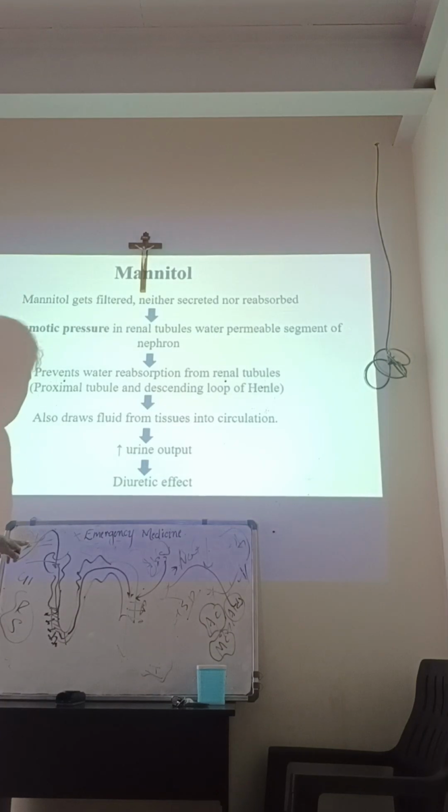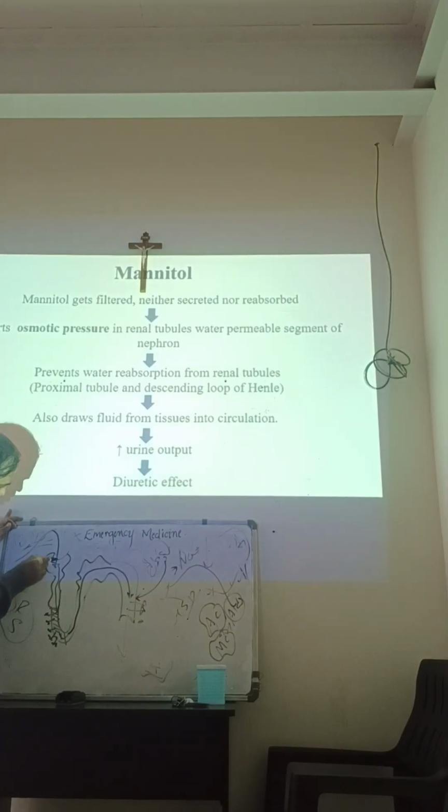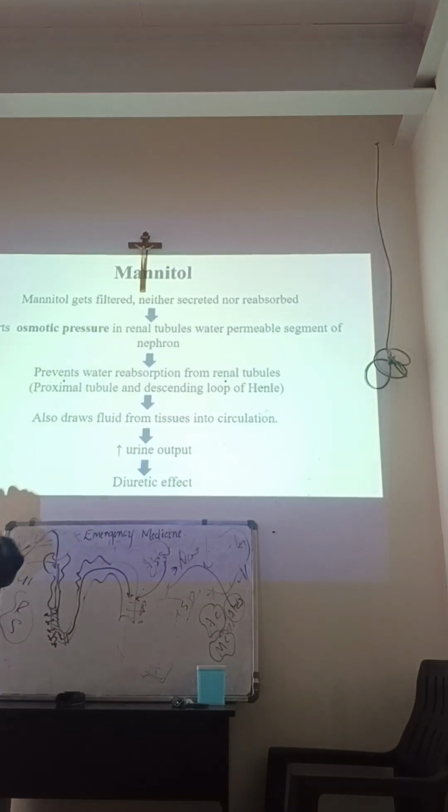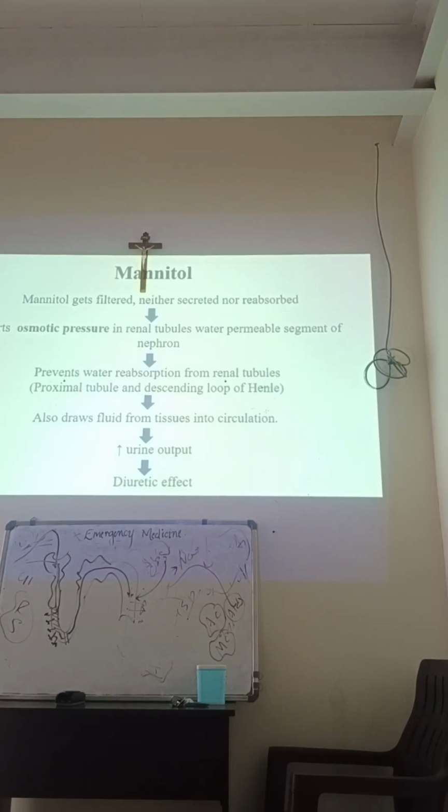Once it is inside this renal tubule, it is passing. Once it passes through this segment, it exerts osmotic pressure. The pressure draws the fluid inside the tubule. So the whole tubule is filled with your osmotic diuretic, that is mannitol. So when it comes here, it prevents the water. Once the water crosses here, it has to go out.